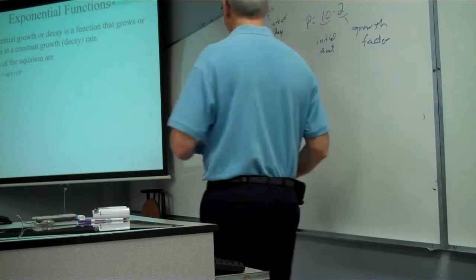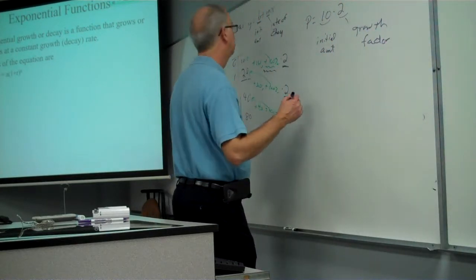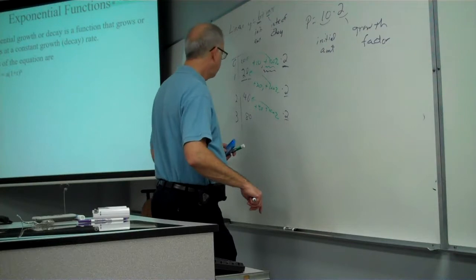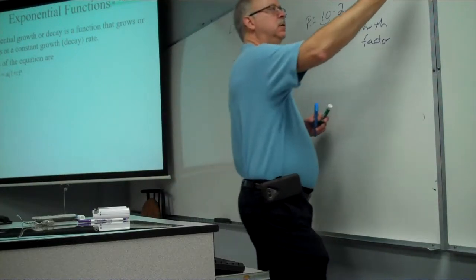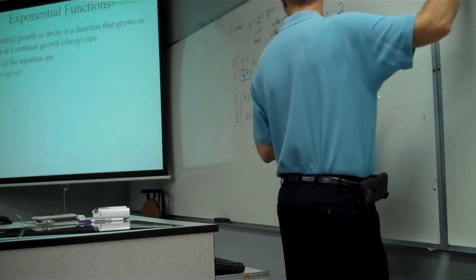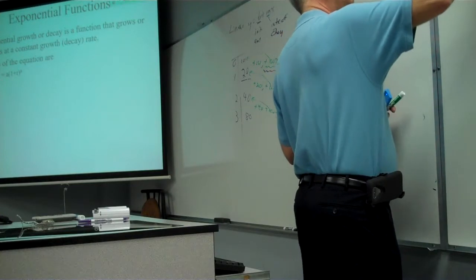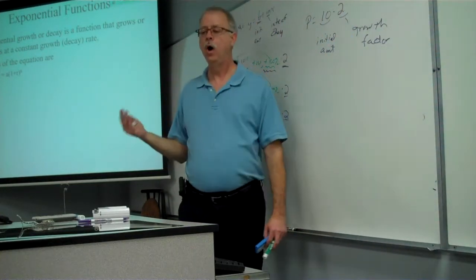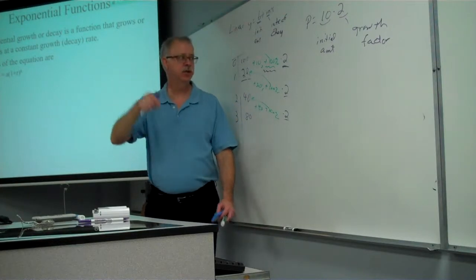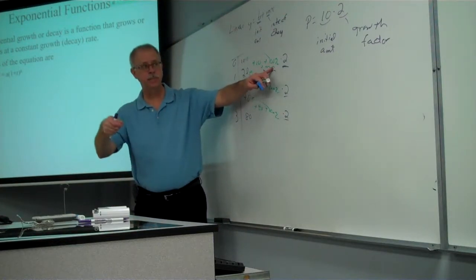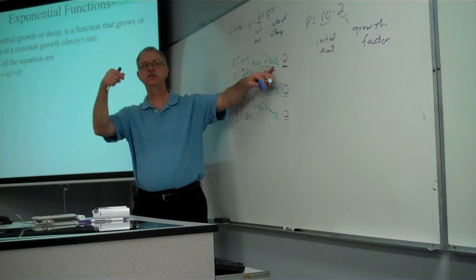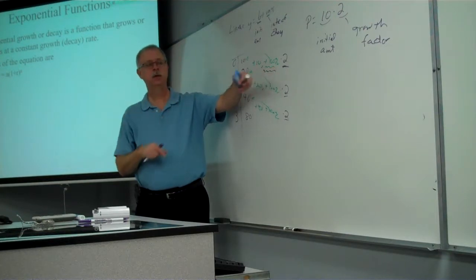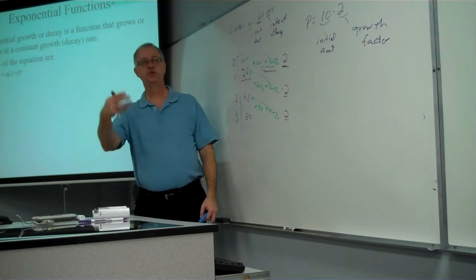So the form of the equation, there are a couple forms we could look at. One is y equals a times 1 plus r to the x, where we focus on what rate we are changing. Are we adding 100%? Well, 100% written as a decimal is 1. Are we adding 10%?